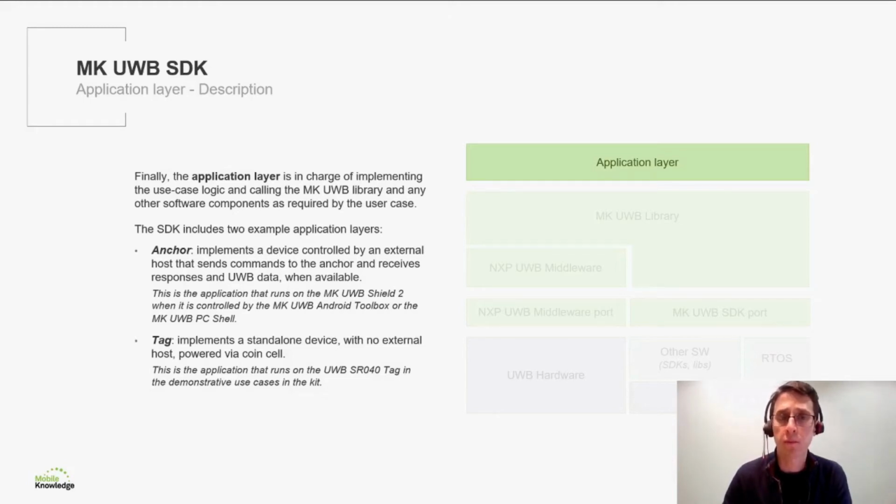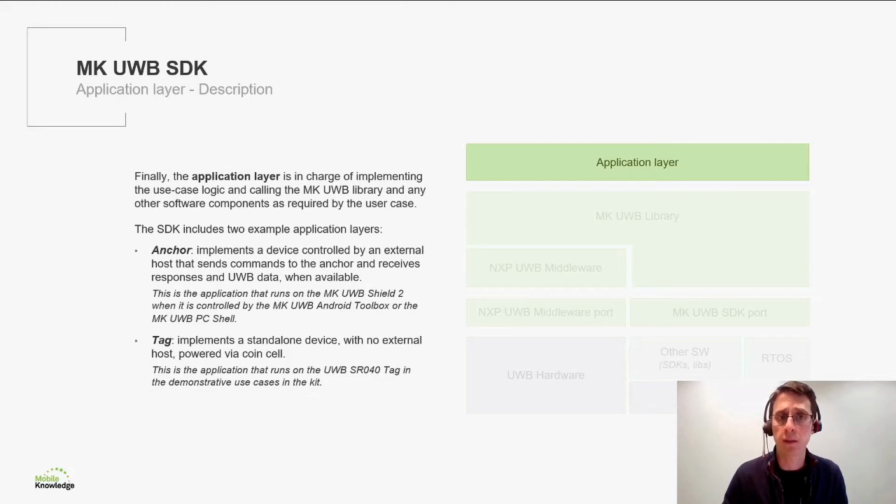The first example is the anchor, which implements a device controlled by an external host, typically a PC, but it could also be another microcontroller or another board. The host sends commands to the anchor and receives responses and data from ultra-wideband sessions. The anchor is the application that runs on the ultra-wideband shield 2 as delivered with the ultra-wideband kit.